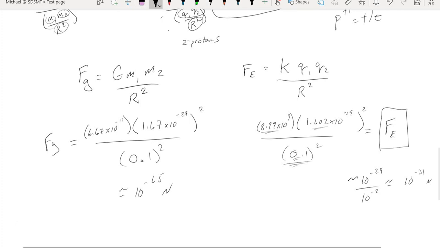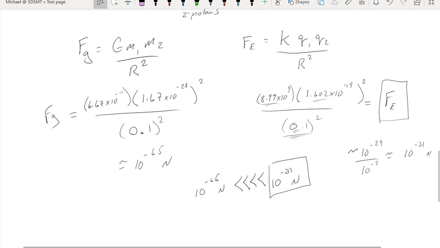So in comparison, how does a force of 10 to the negative 65 compare to a force of 10 to the negative 31? And obviously this one is far, far greater by more than 30 orders of magnitude.